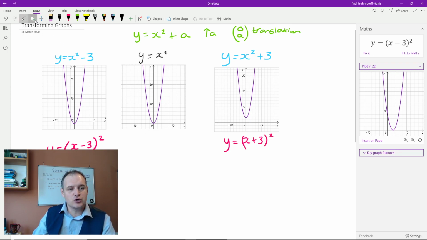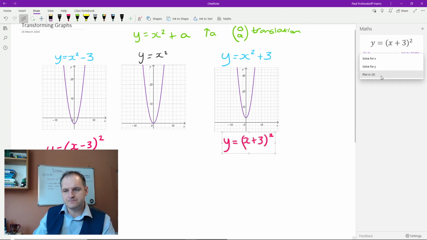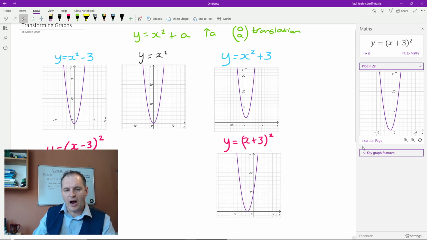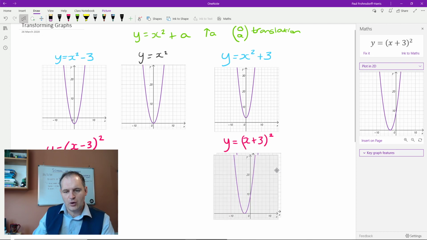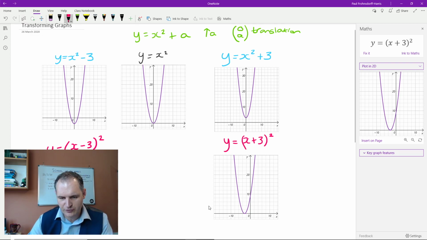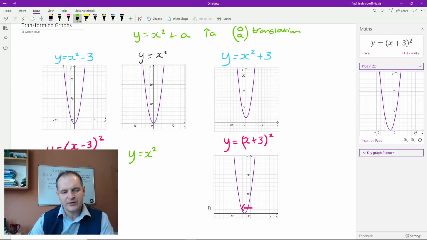I guess you can probably work out what that does for the other one we're working with. And I'm not sure many people are going to be surprised to see that it does the exact same thing, but it moves it left. So if we just quickly draw on here, this is going 3 spaces left. And we can again go to a final rule for this. Y equals x squared. Oh, we're not doing the squared, are we?